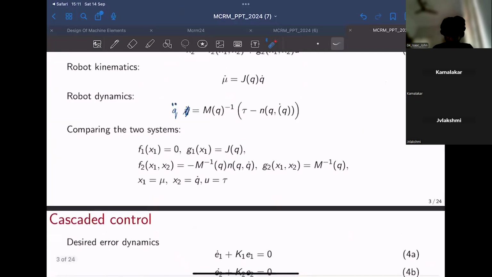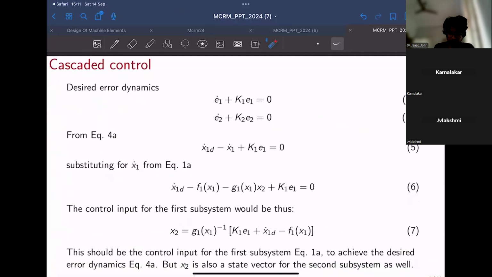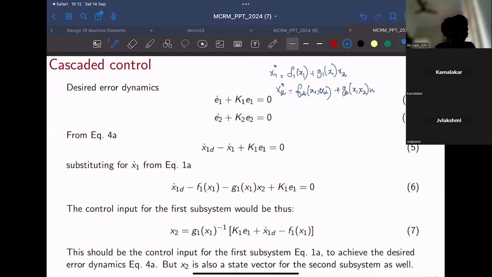So moving on, what we usually desire is that we have two subsystems defined by x1 dot equals f1 of x1 plus g1 of x1 multiplied by x2, and x2 dot equals f2 of x1, x2 plus g2 of x1, x2 multiplied by u. Just like what we have seen in the previous lectures, we want both of these systems to be asymptotically stable.